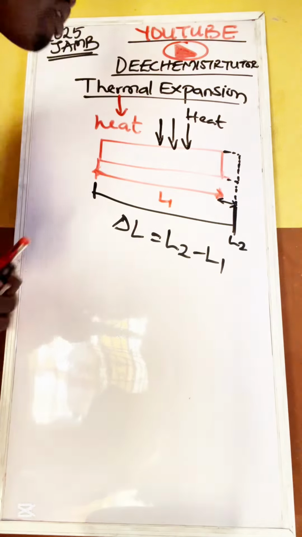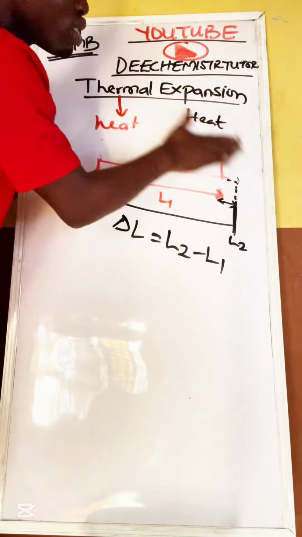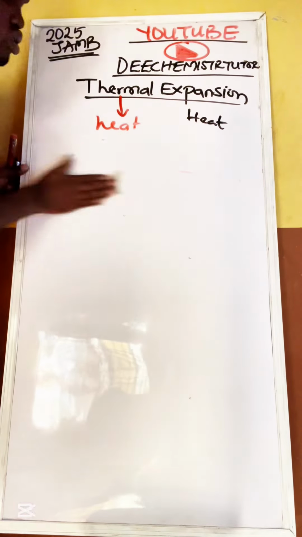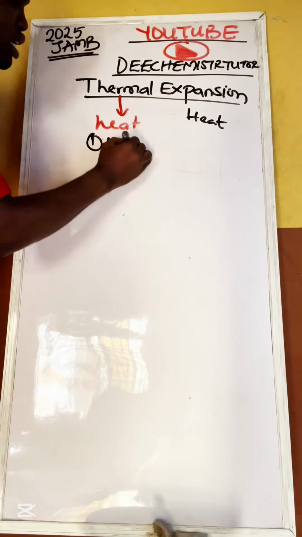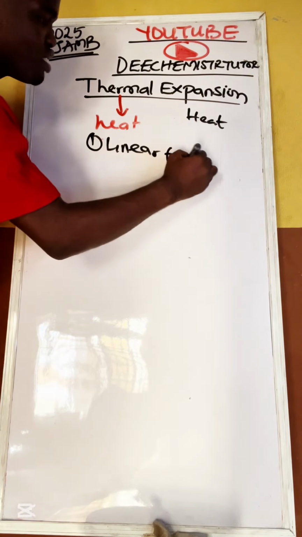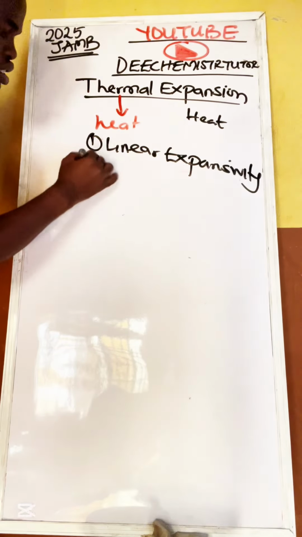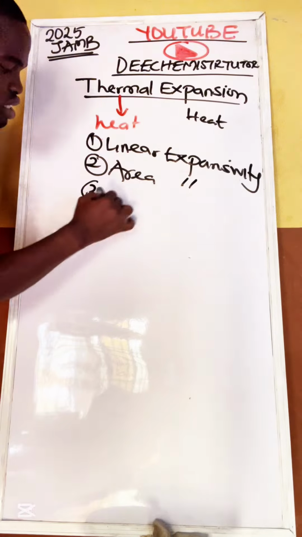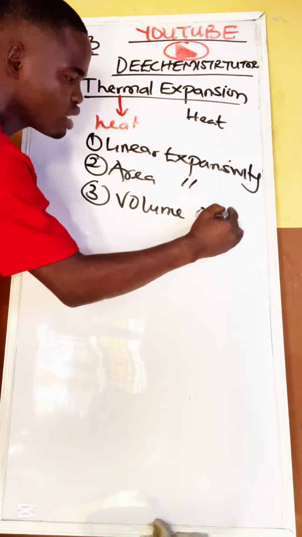So now we have different types, and that's what we'll be going into now. First we'll talk about the linear expansivity, the area expansivity, then the volume expansivity.